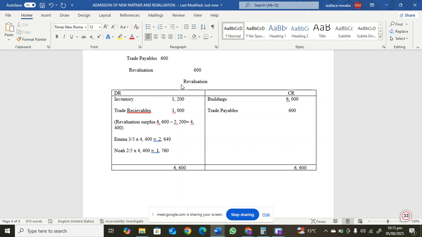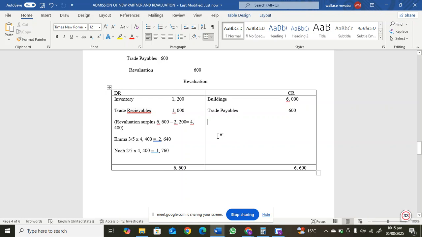If the losses are more than the gains, then you do the opposite. The revaluation deficits will still be shared with the partners, but you put this side on the credit side. Then on the capital account, those revaluation losses will be on the debit side.